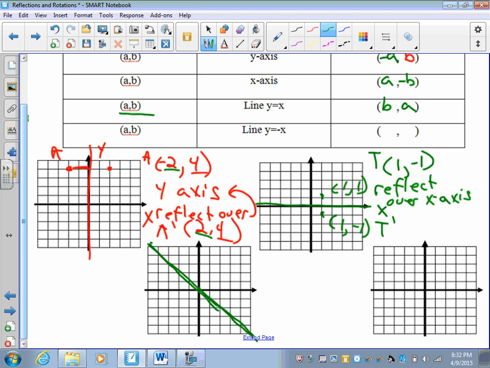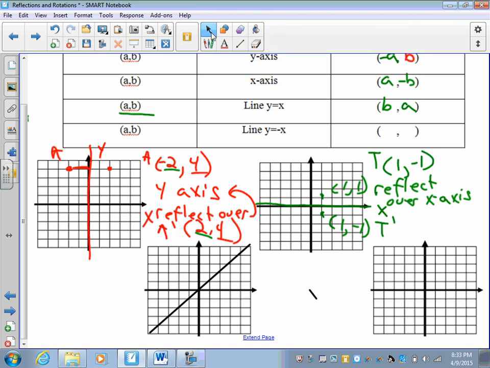Actually, that is not the y equals x line, that's the y equals -x line. Sorry. How about I just use the tool? Here we go. So that's going to be my y equals x line.